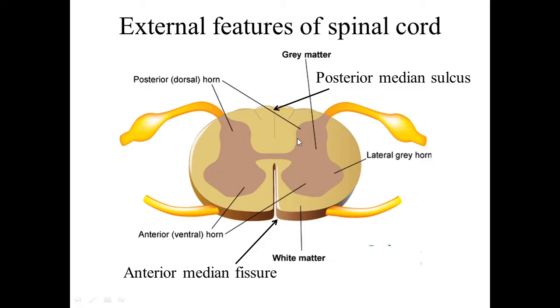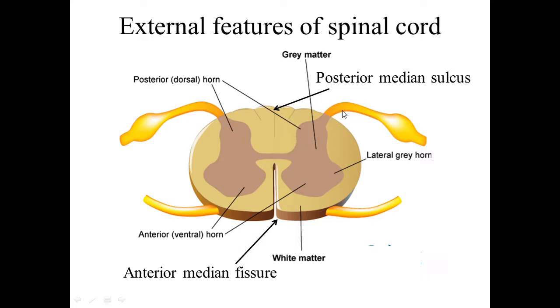We have seen there is the anterior median fissure and the posterior median sulcus, and these fissures and sulcus divide the spinal cord into two equal halves.